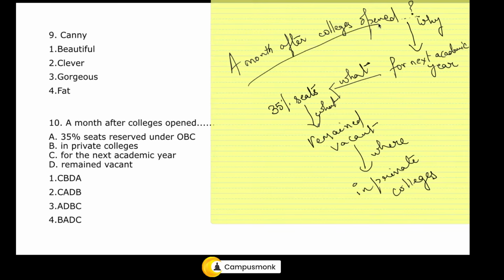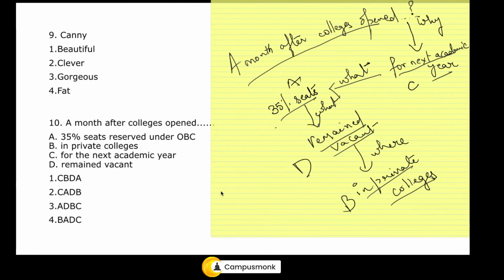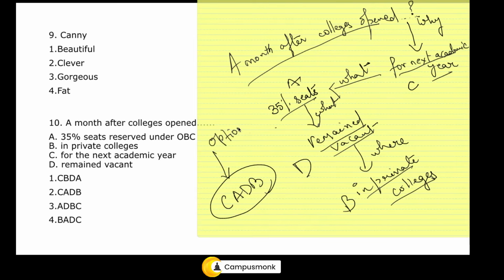A month after the colleges open for the next academic year, 35% seats reserved under the OBCs remain vacant in private colleges. Clear? That means first is C, then is A, then is D, then is B. Okay, so C, A, D, B. This is your answer, which is there in option number 2.